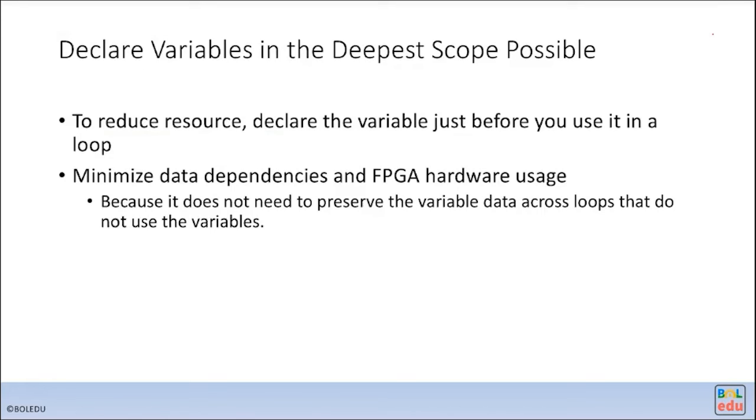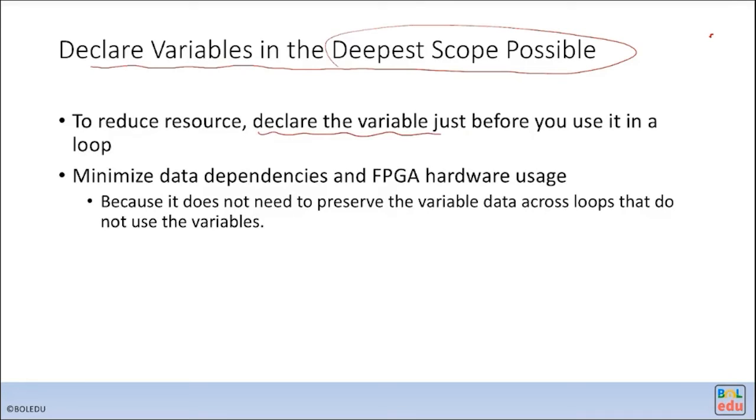Another subtle thing is you had better declare the variable in the deepest scope possible. So the practice is, when you write the code, for example, you have a for loop, and to reduce the resource, you declare the variable just before you use it in a loop.